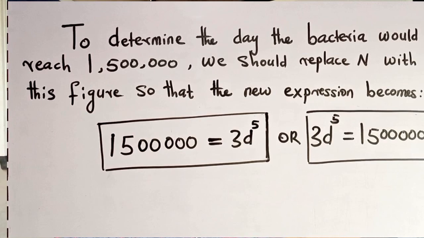What it means is that if they must find it, if they must know that day, they should solve that equation. They must find the value of d using 3^d = 1,500,000. If they solve and they get d equal to 10 or something close to 10, it gives them an idea that after 10 days, those bacteria in the man's body will be up to 1,500,000.